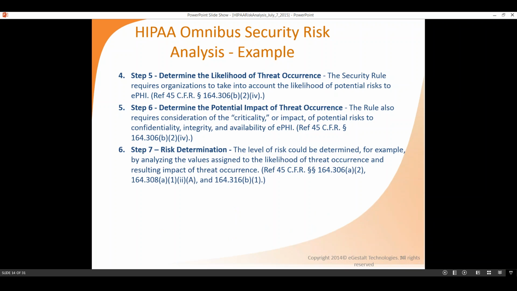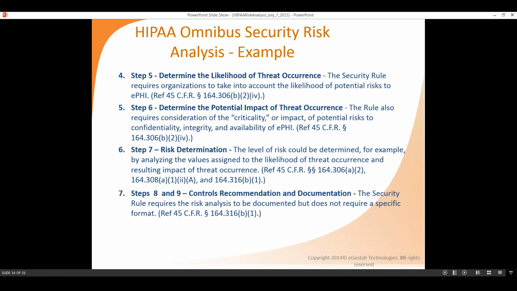So if you're in a high risk zone, that means most of the threats that could affect you as an organization will be able to exploit the vulnerabilities, and the current security controls that are in place are not really going to help and protect you. So you need to beef that up. You need to enhance those security controls.